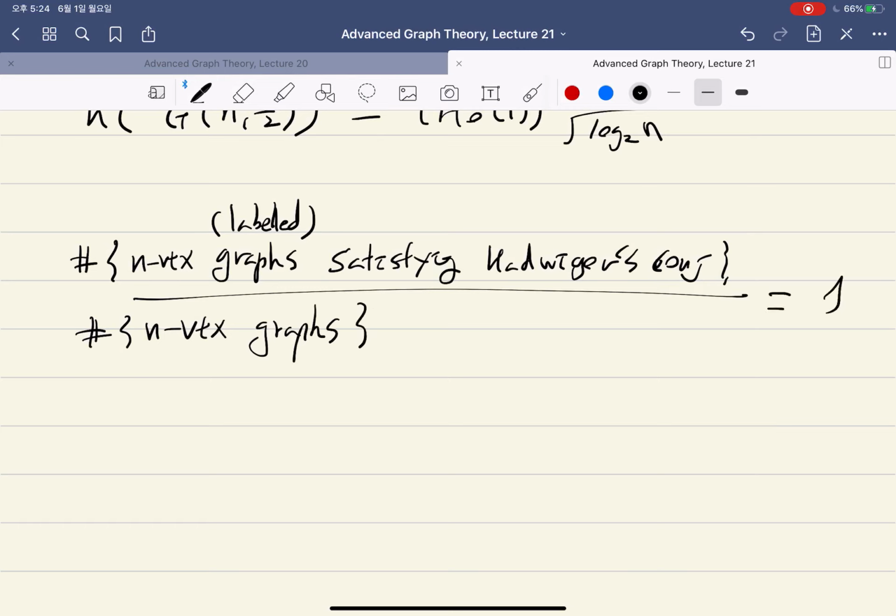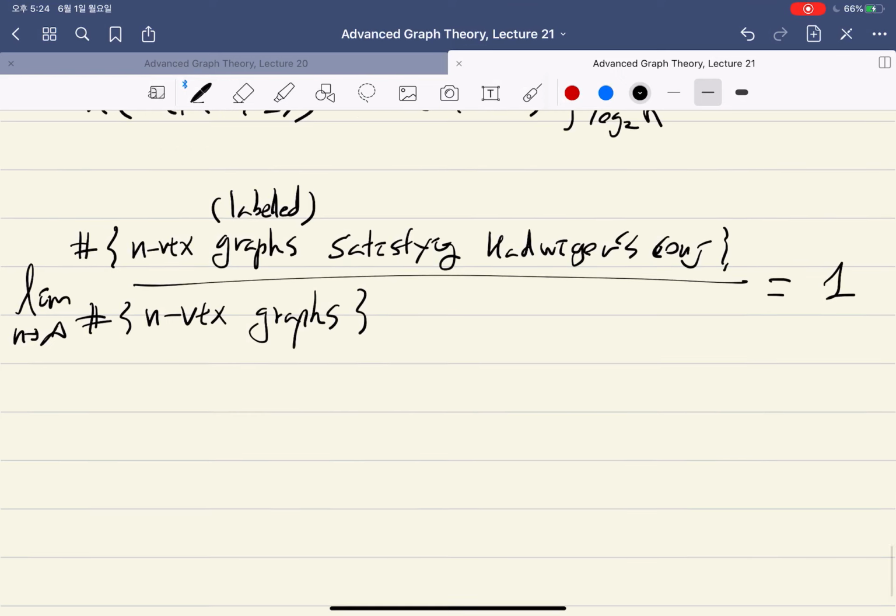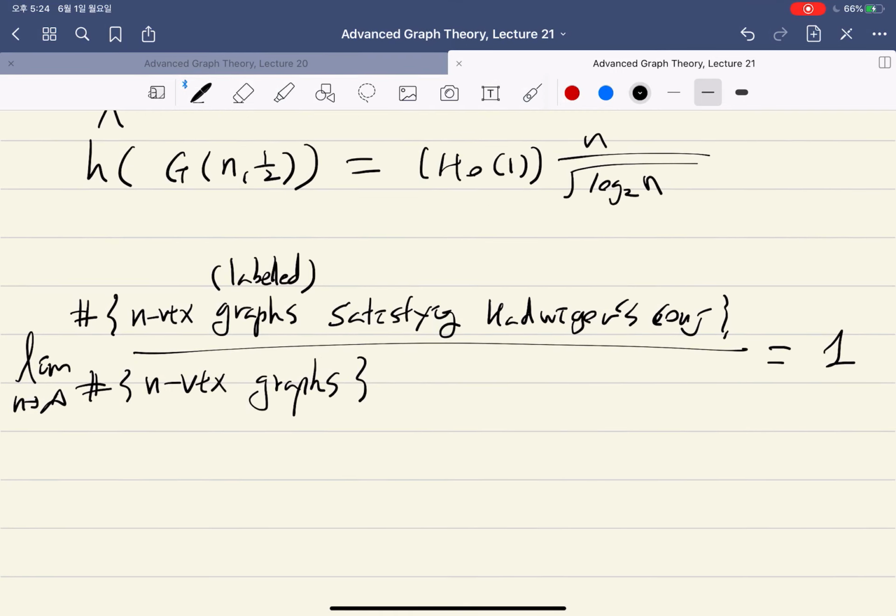Then this goes to 1 as n goes to infinity. So this tends to 1. So this shows that the Hadwiger conjecture is true for almost all graphs.